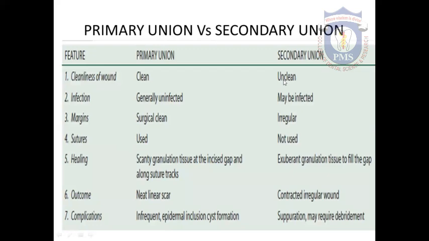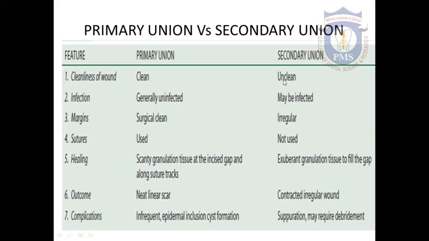In primary union, the healing occurs by scanty granulation tissue at the incised gap and along suture tracts, while in secondary union, exuberant granulation tissue will fill the gap. The outcome of primary union is a neat linear scar, while secondary union will result in a contracted, irregular scar.